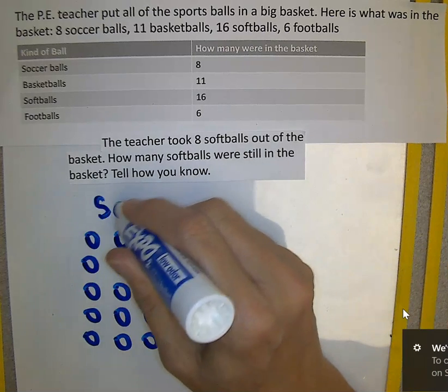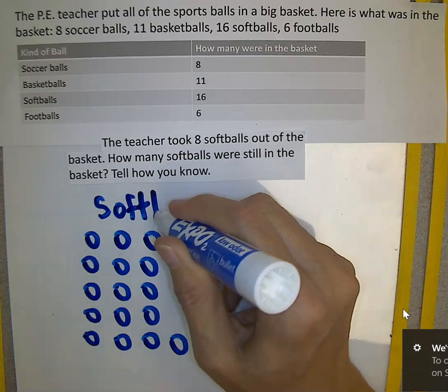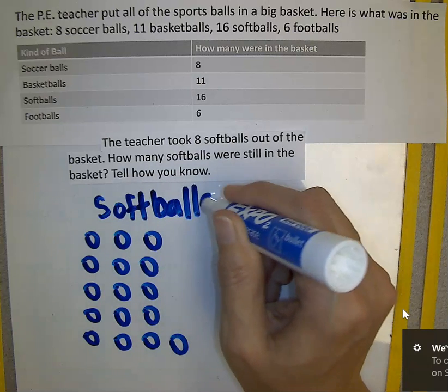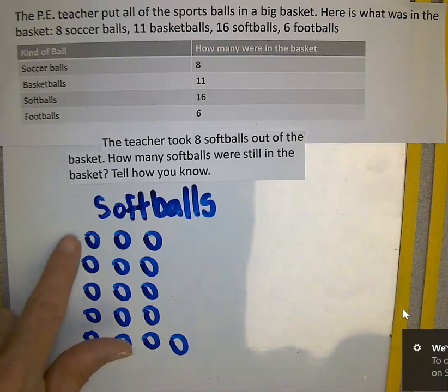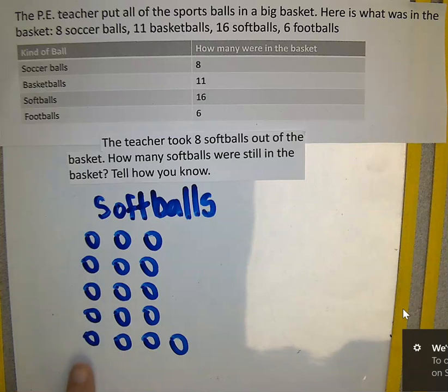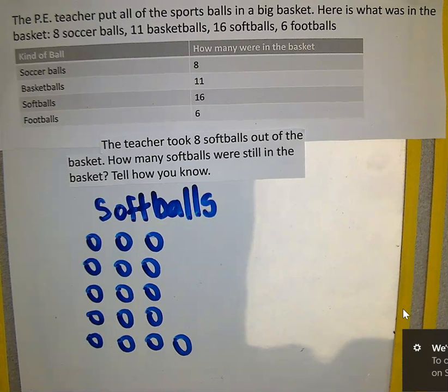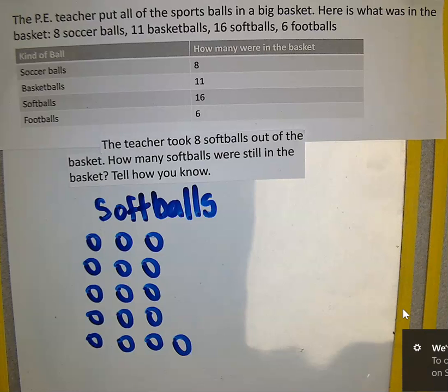So these are all softballs. I'm going to go ahead and label that. And I'm going to make sure that I have 16. Because I've put these in groups of 5, I can count them. 5, 10, 15, 16. So I know I have 16 softballs that were in the basket.